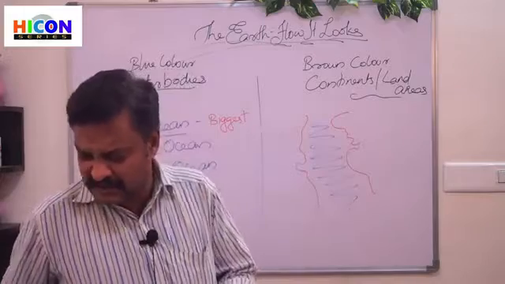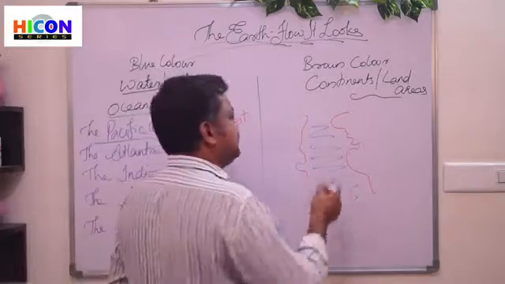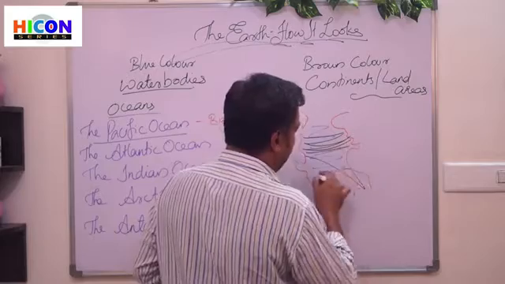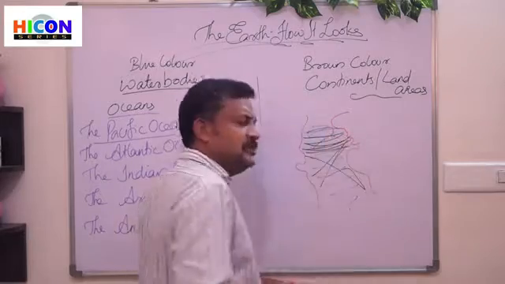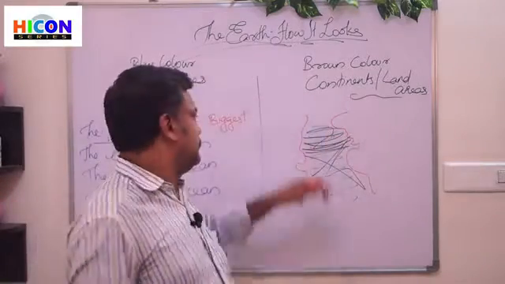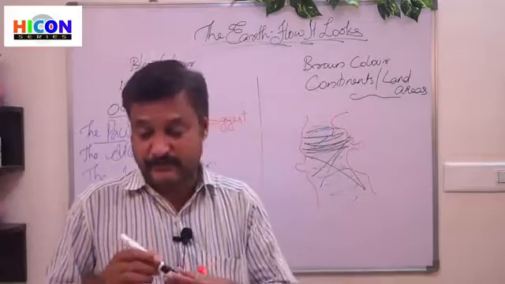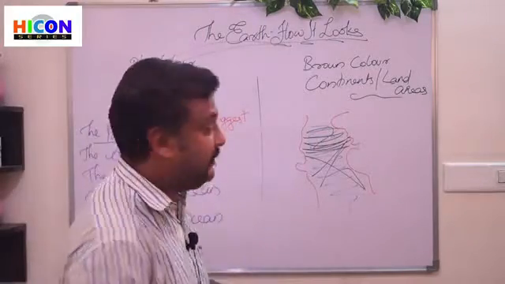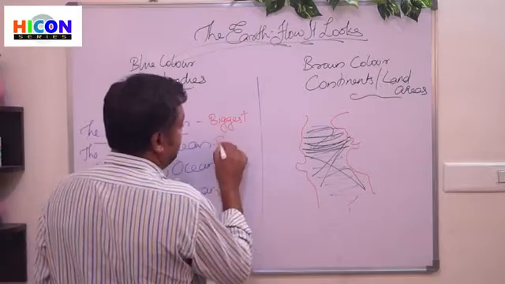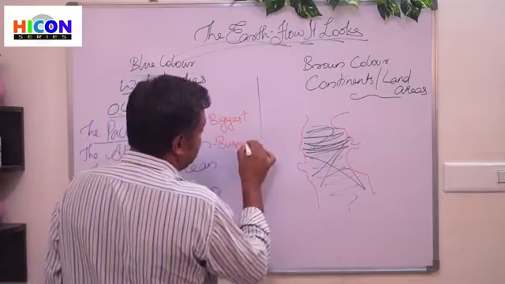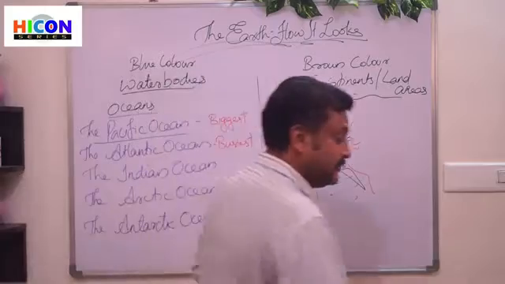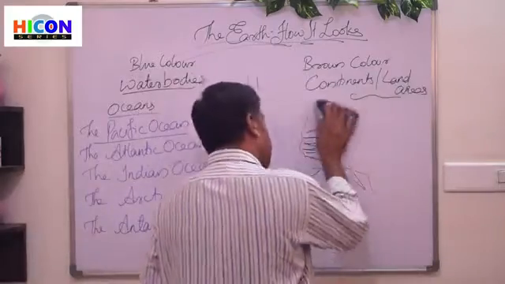So there are always continuously ships moving up and down different parts. Okay, so it is very busy with the ship channels over there. What is it busy with? Ship services. Okay, so we call it the busiest ocean in the world. Which is the busiest ocean in the world? Atlantic Ocean.